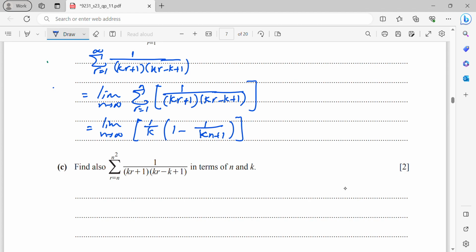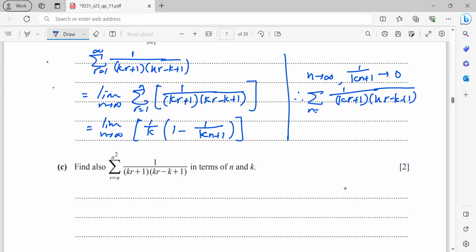So remember, when your n tends to infinity, 1 over kn plus 1 will tend to 0. Therefore, the summation 1 over kr minus k plus 1, from r from 1 until infinity, will tend to 1 over k times 1, which means it tends to 1 over k.